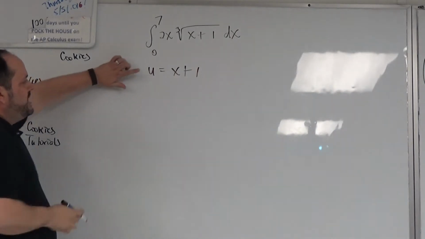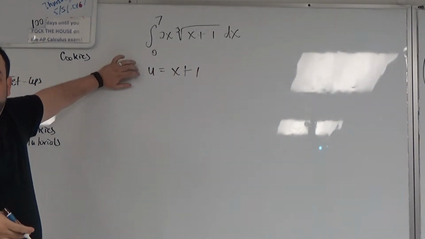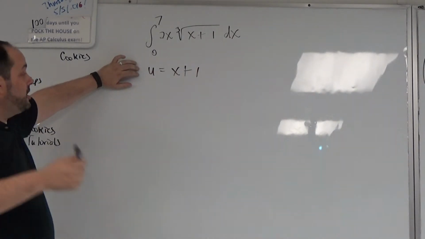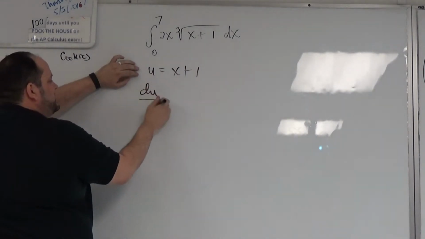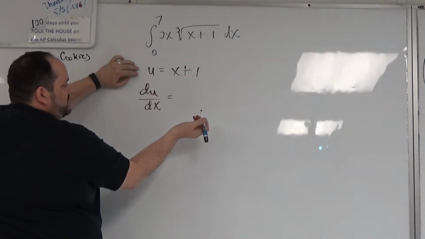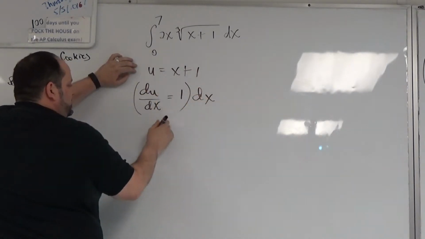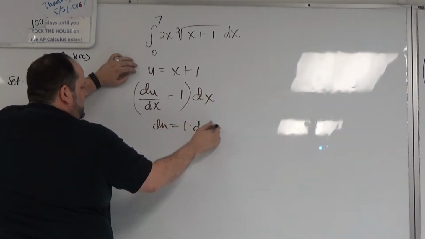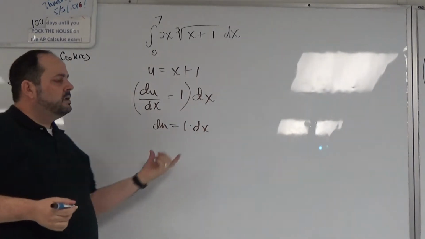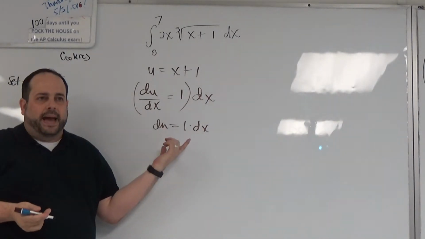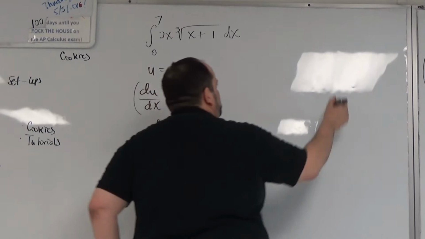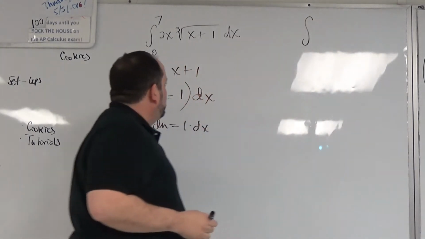You've identified the baby. The next thing? You're going to find the derivative. You're going to find du dx. Du dx is 1. So I'm going to multiply both sides by dx. So du equals 1 times dx. What I saw a lot of folks do was write a little integral here.